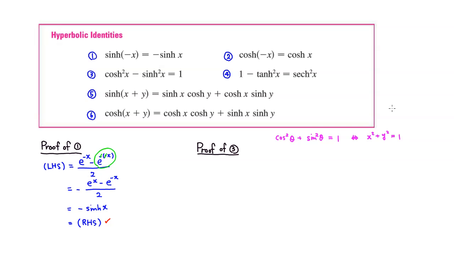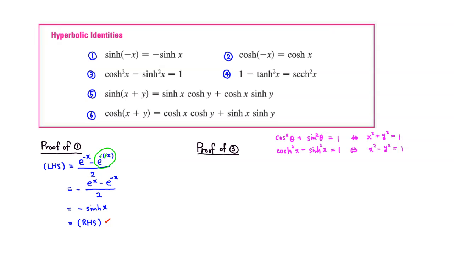And if you look at number 3, we have hyperbolic cosine squared, in this case I'm using x here, minus hyperbolic sine squared of x is equal to 1. This has a close connection with x squared minus y squared equal to 1, which is an equation for hyperbolas.